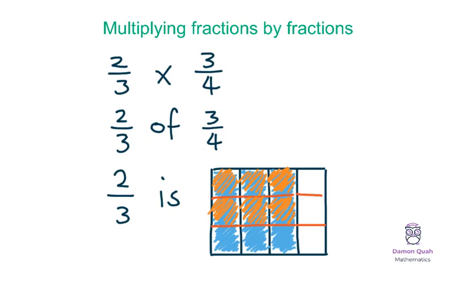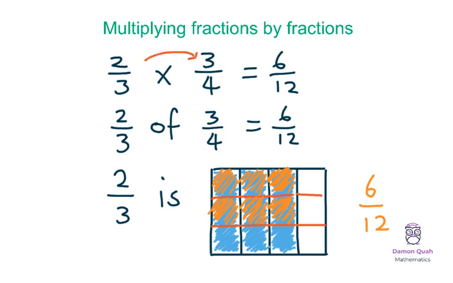Now that I've done that, I can see that each of these small pieces are 12ths, and I have, in my orange section, 6 of them coloured in. So the answer of 2/3 of 3/4 is 6/12. So 2/3 times 3/4 must also be 6/12, and that's my answer to that problem.